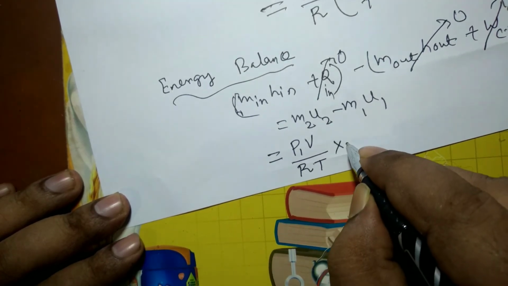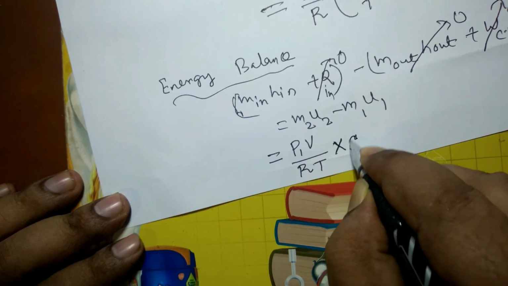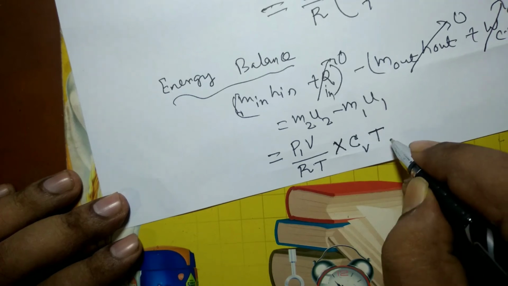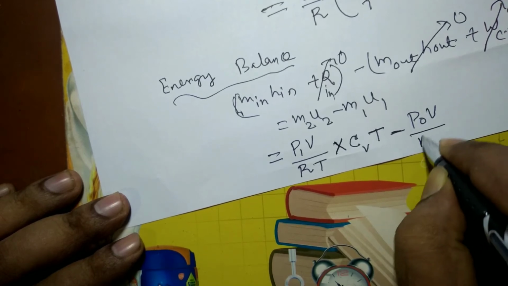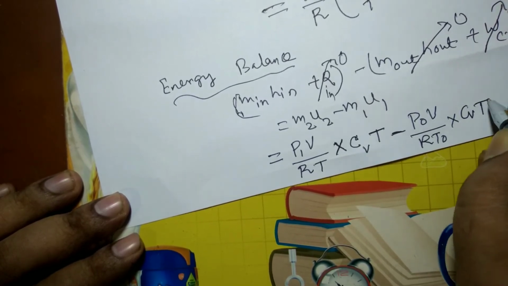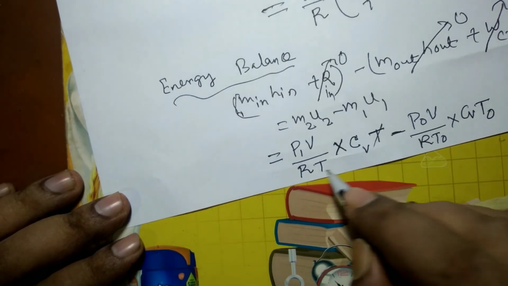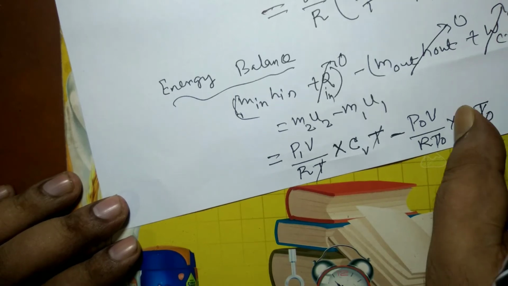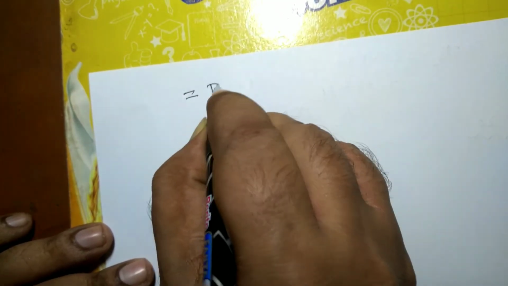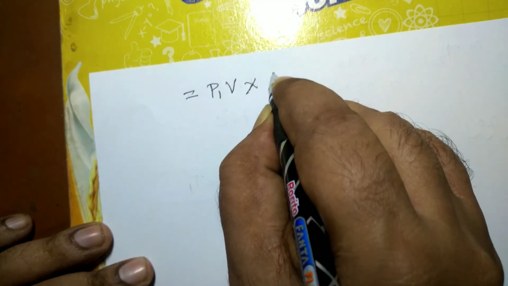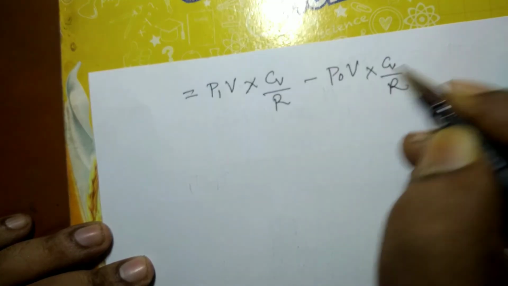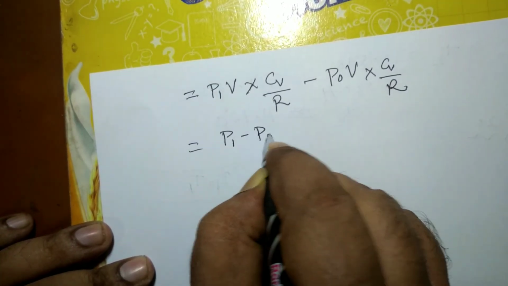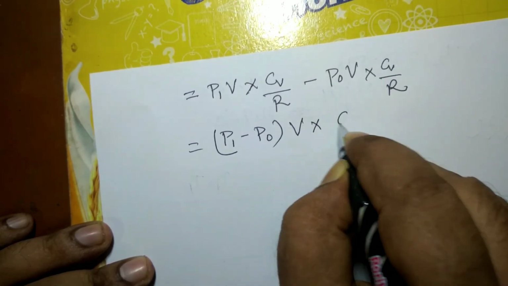In place of U I will write, for ideal gas, air is an ideal gas, U is equal to CV T, CV multiplied by capital T, absolute temperature of air at the final state, minus m1 is P0V divided by RT0 multiplied by CV T0. यहाँ से T कैंसिल हो जाएगा, T0 कैंसिल हो जाएगा, ये आ जाएगा P1V multiplied by CV by R minus P0V multiplied by CV by R is equal to (P1 minus P0)V multiplied by CV by R.